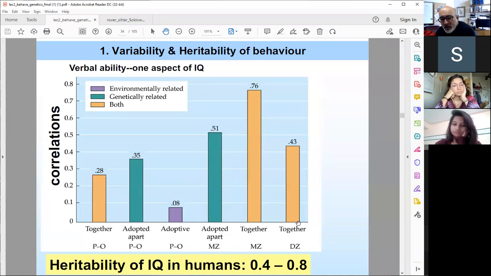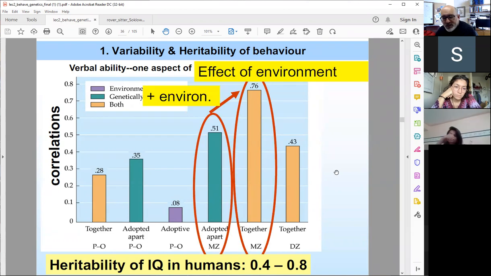Now, if we want to look at the relative effects of genes and the environment, we can look at these different groups and try to sort out what the different effects are. So if we want to look at the effect of the environment, here is the correlation between monozygotic twins that are raised apart and monozygotic twins that are raised together. These are genetically identical twins that have different environments, right?